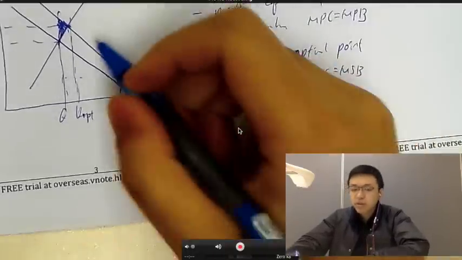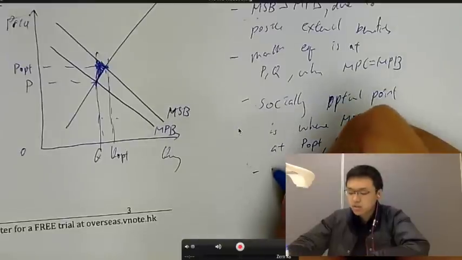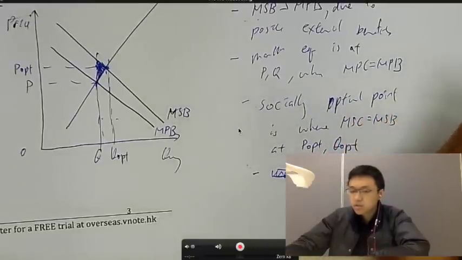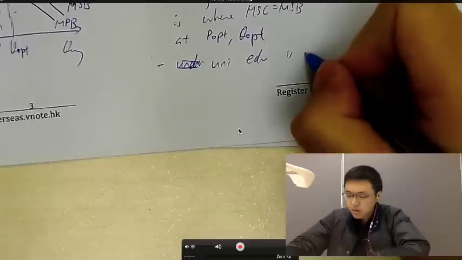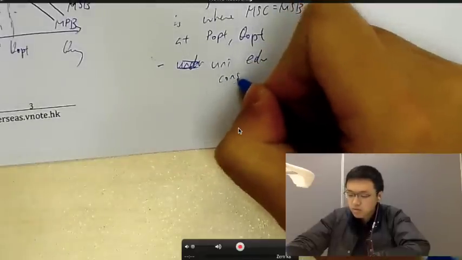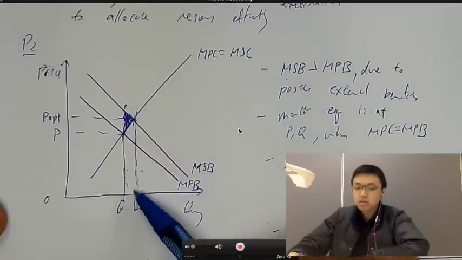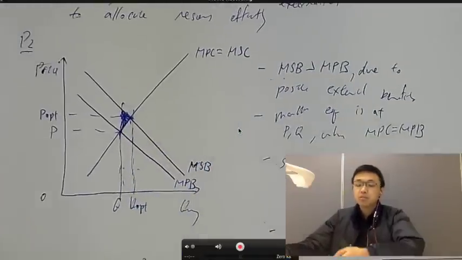So there's market failure. Why? University education is underconsumed. If you don't understand why, it's because the Q opt is here, but the equilibrium is here. So the equilibrium is less than the optimum point. So we say it's underproduced.